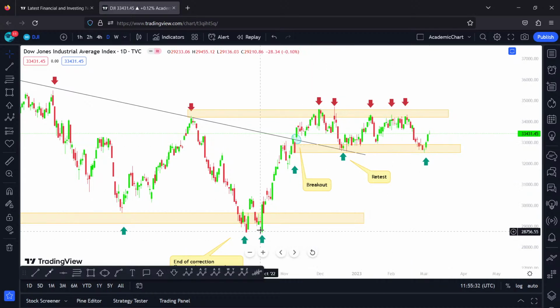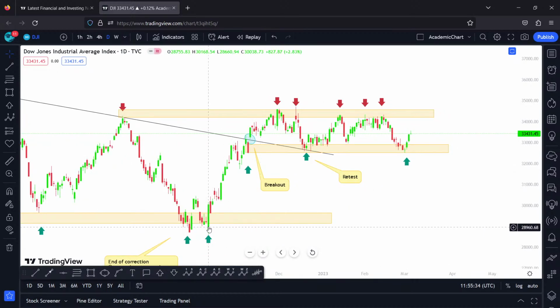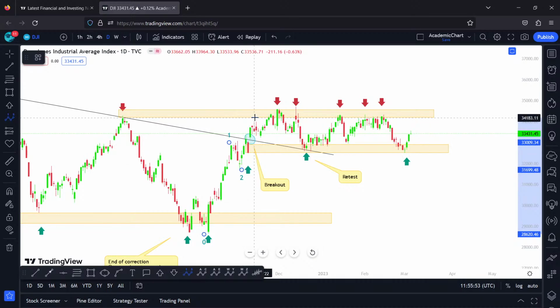Also, another thing, we are sure that this correction is done, this big correction, but now we have started an impulsive wave, exactly the same thing that we used to see on the dollar index. You're seeing the same thing here as well, and I can count the waves. It is one, two, something like that. I guess it is three, four, five.